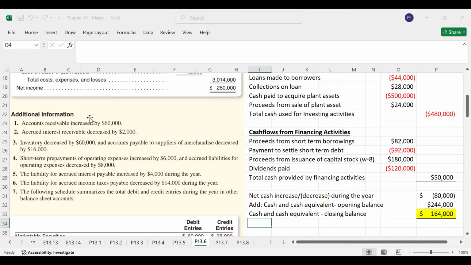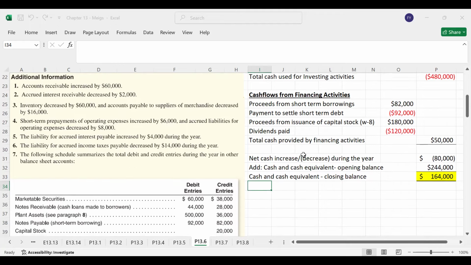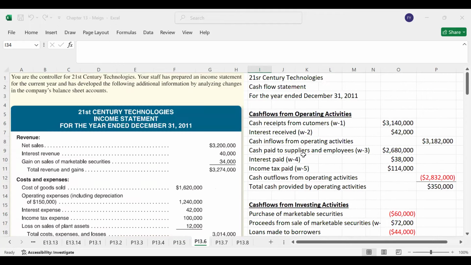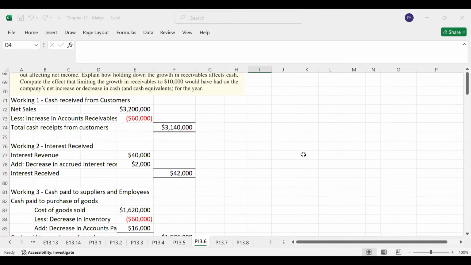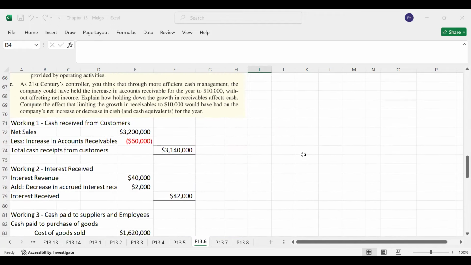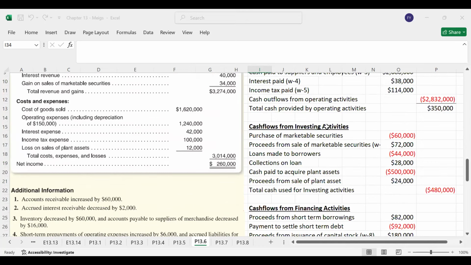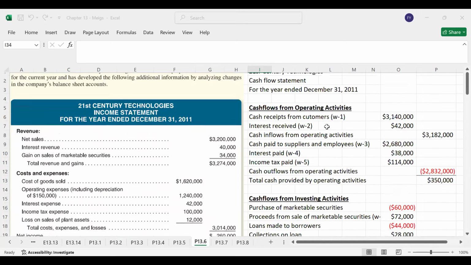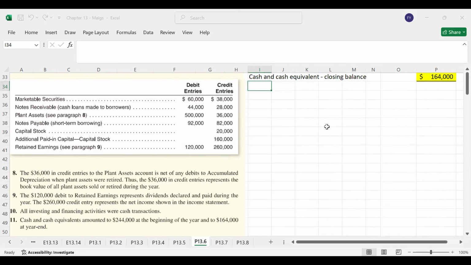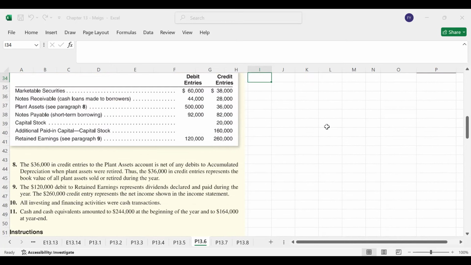Thus, the net decrease in cash would have been 30,000 instead of 80,000. Here we have used this cash in this way: increase in receivables by 60,000. If it was just 10,000 instead of 60,000, the net decrease in cash would have been 30,000 instead of 80,000.